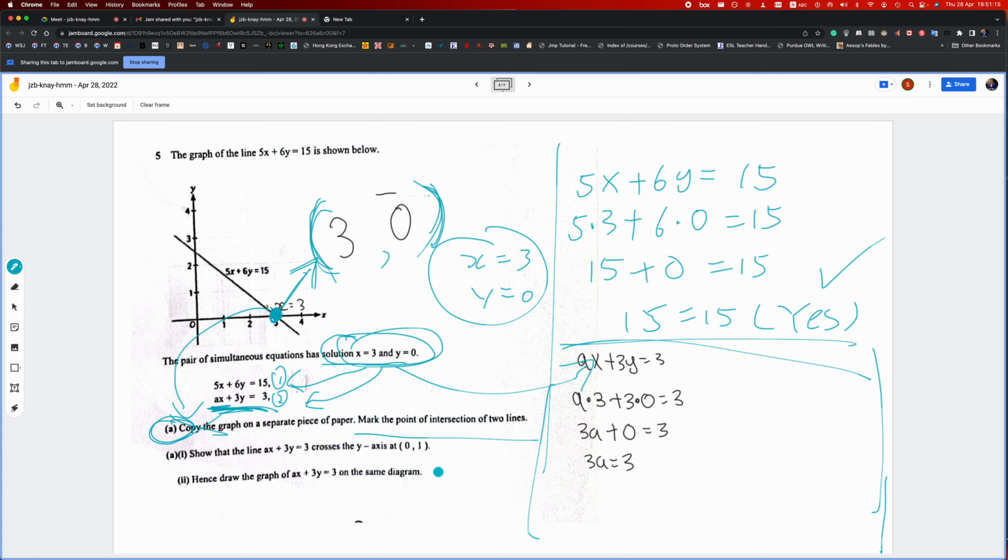So A equals to? What are you waiting for? 3A equals to 3. What is A?